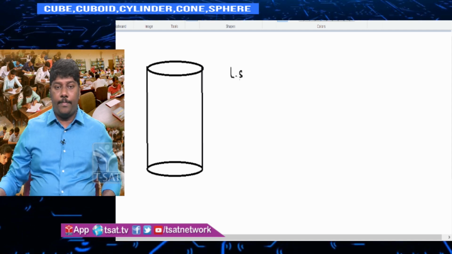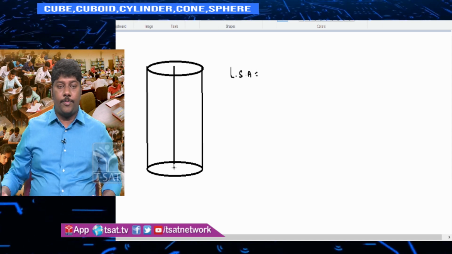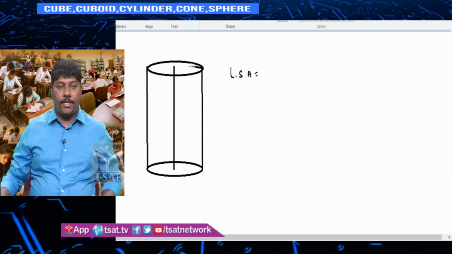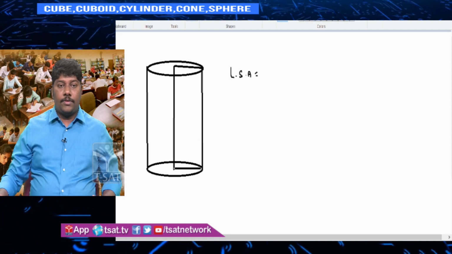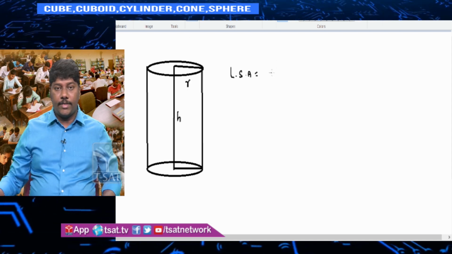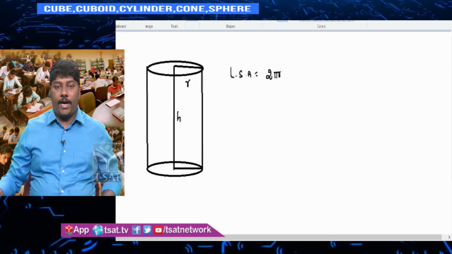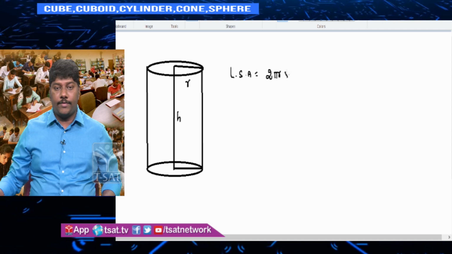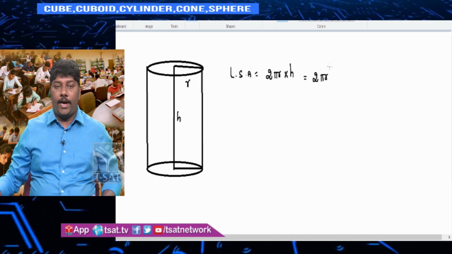If you connect these 2 centers, the distance between the 2 centers is the height, and center to anywhere on the circle is the radius. So, you only have two values, radius and height. Lateral surface area is base perimeter, base is a circle, therefore 2 pi r is the circumference of the circle, into h. So, lateral surface area is 2 pi r h.